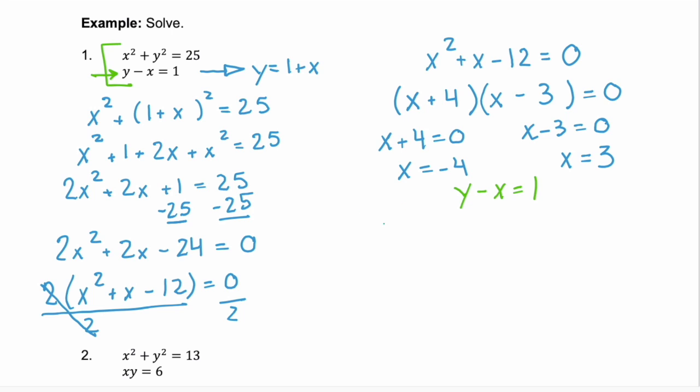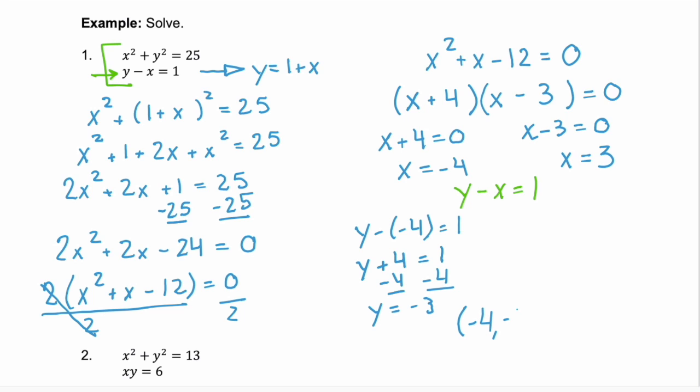When x equals negative 4, we have y minus negative 4 equals 1, or y plus 4 equals 1. Subtract the 4 from both sides, and you get y equals negative 3. So this gave us the point negative 4, negative 3.